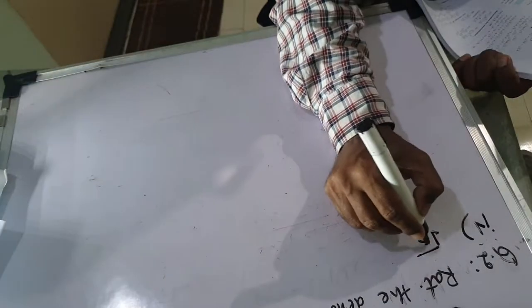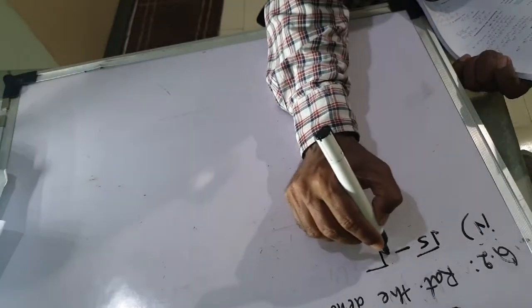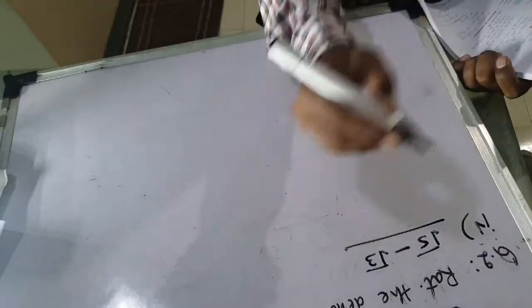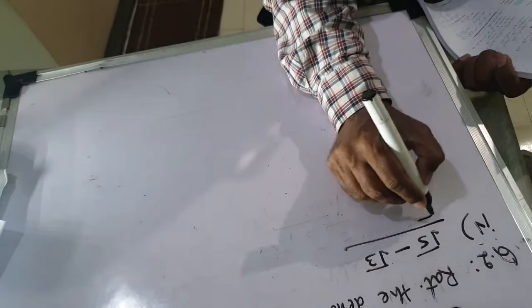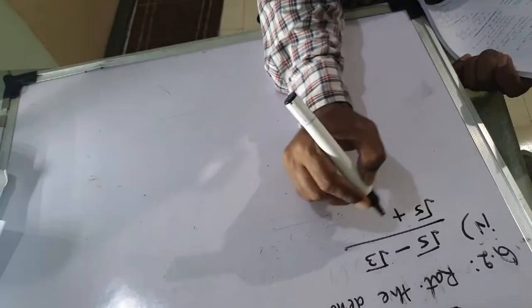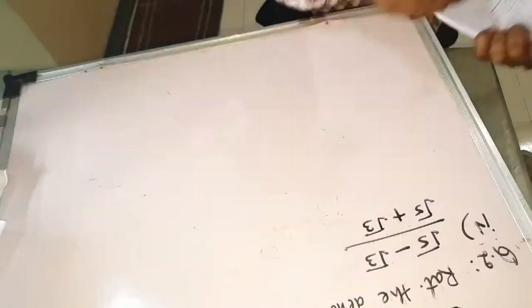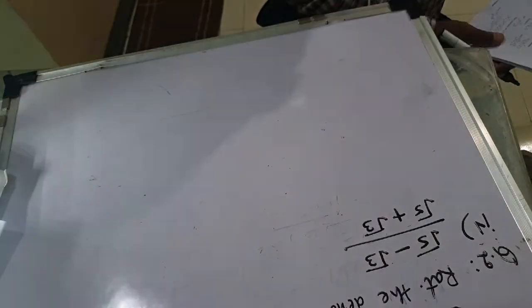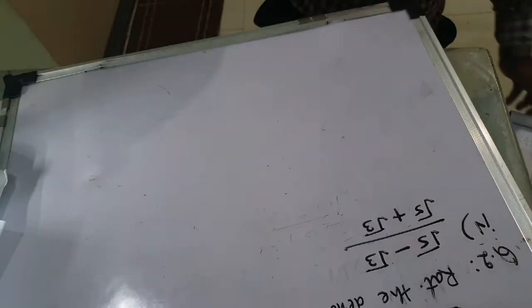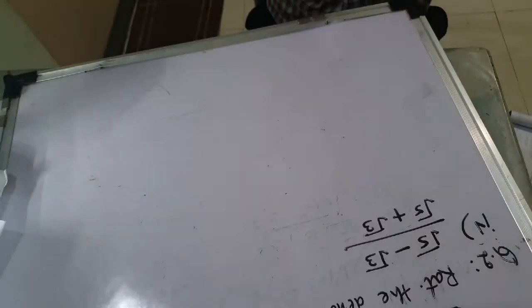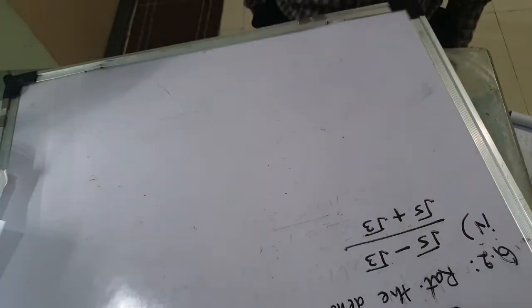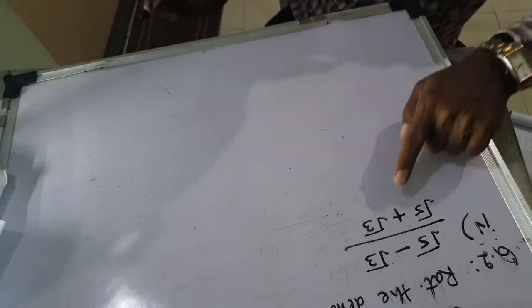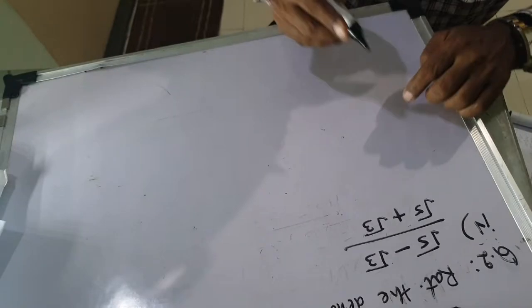Root 5 minus root 3 upon root 5 plus root 3. This also is simple if you see properly. We have to rationalize the denominator. So change the sign of this denominator.